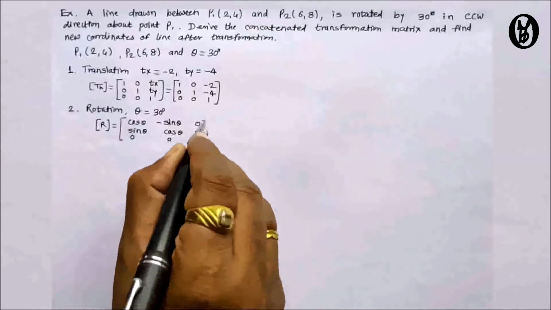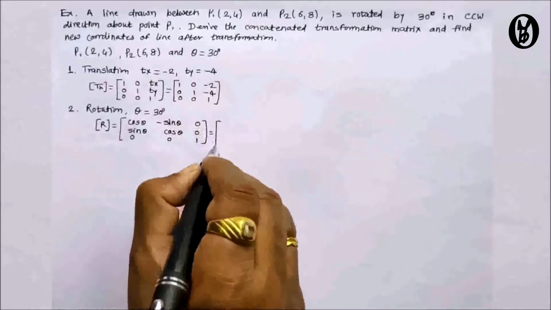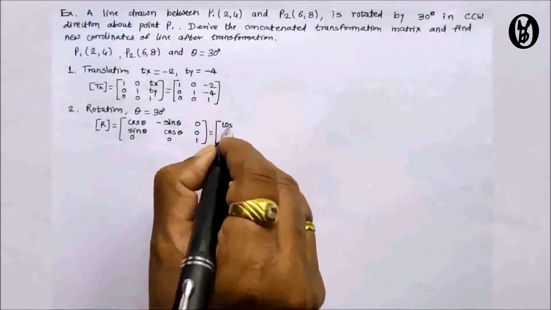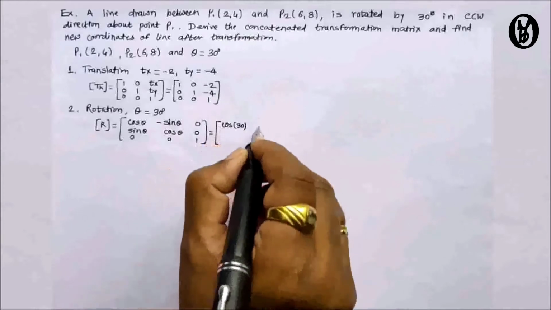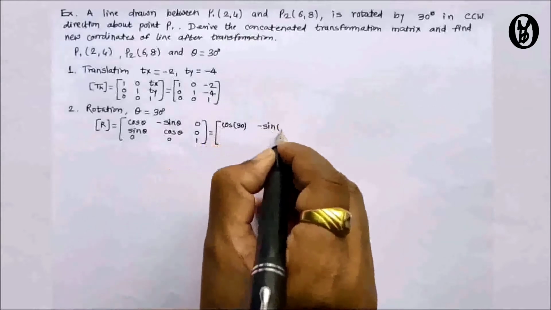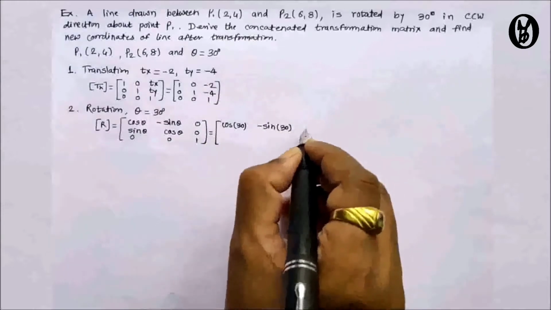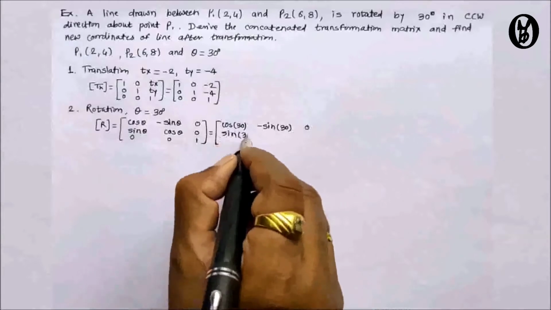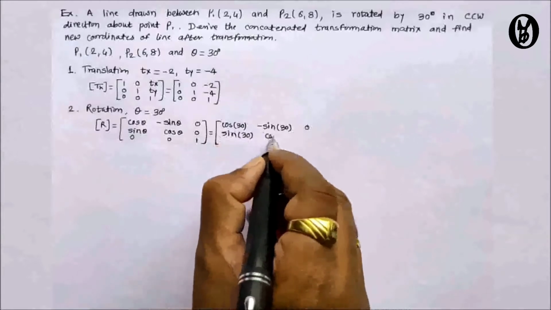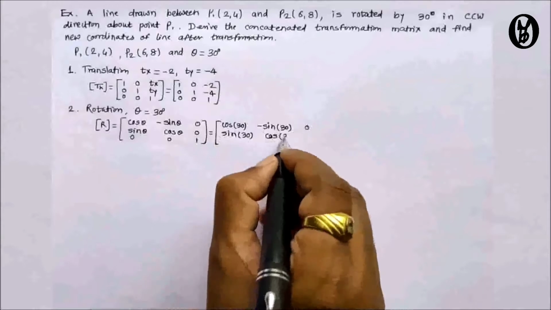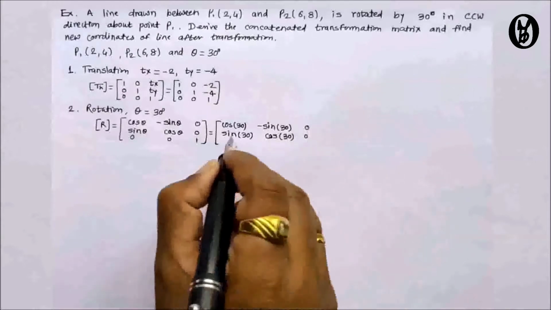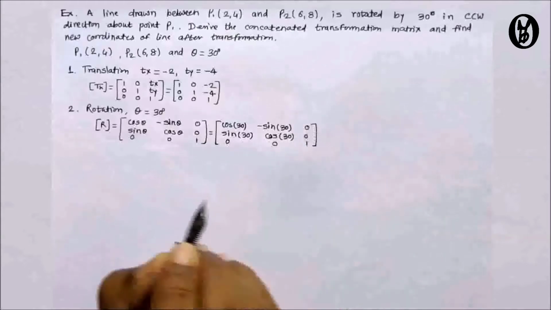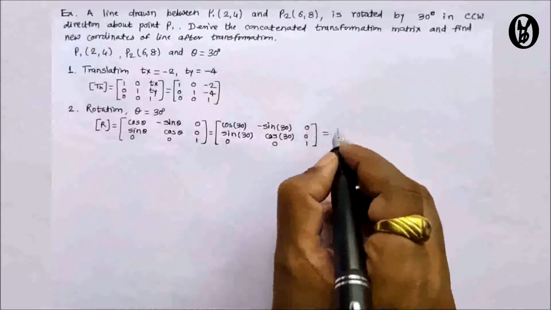and the third row 0 0 1] equal to [cos 30, -sin 30, 0; sin 30, cos 30, 0; 0 0 1].